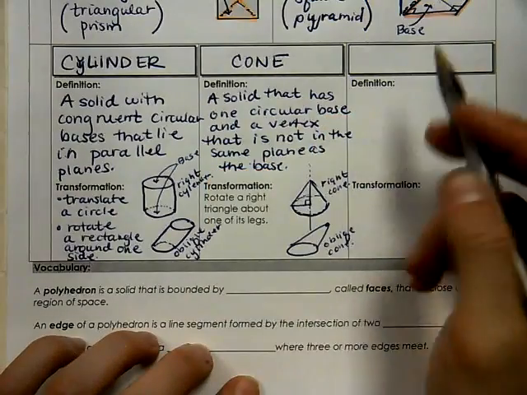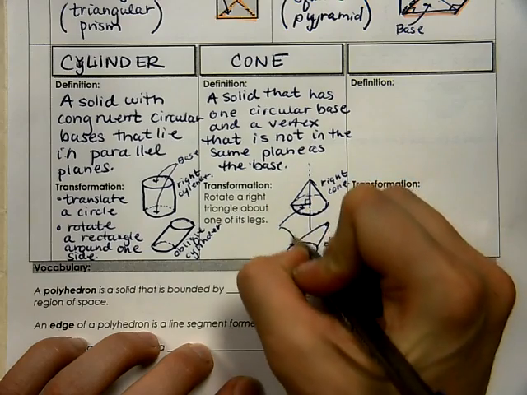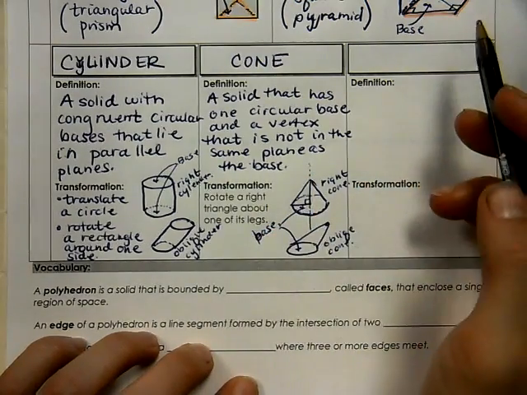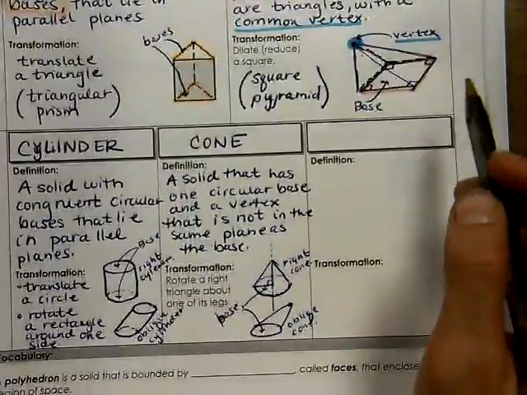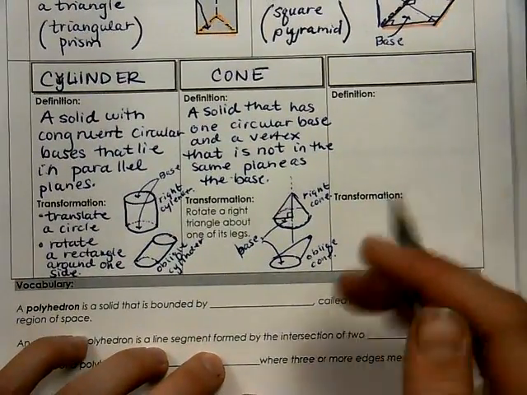So notice, just like a lot of these things we talk about having a base, this right here is your base. And just like a pyramid, it will have a vertex. That's that point. It's important to specify that that point is not in the same plane as the base.